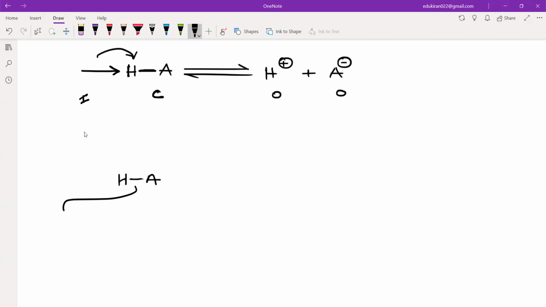Okay. Now, when an acid is only dissociating, then either all of the acid will dissociate. If I took C amount of acid, all the acid will be dissociated. Yes or no? This can be one case.